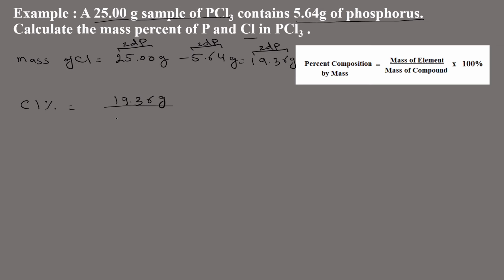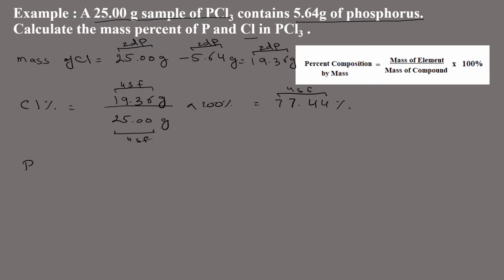The total mass of the sample is 25.00 gram. And we have 77.44%. In terms of sig figs, you can see that under this bracket we have 4 sig figs. Here as well we have 4 sig figs, and in your answer you have 4 sig figs, so you do not have to do any further rounding here.